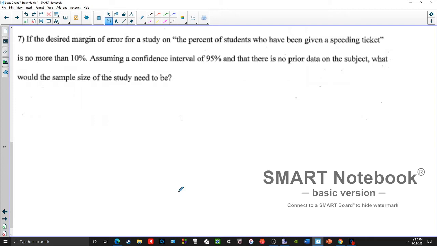The desired margin of error for a study, to study a percentage, is no more than 10%. We want a confidence interval of 95%, and there's no prior data on the subject. What would the sample size need to be?